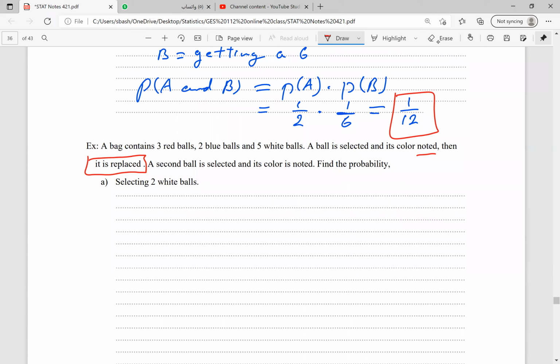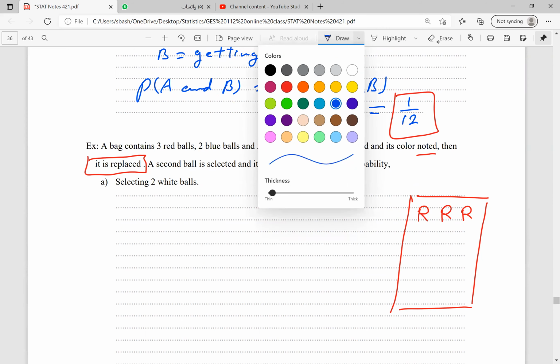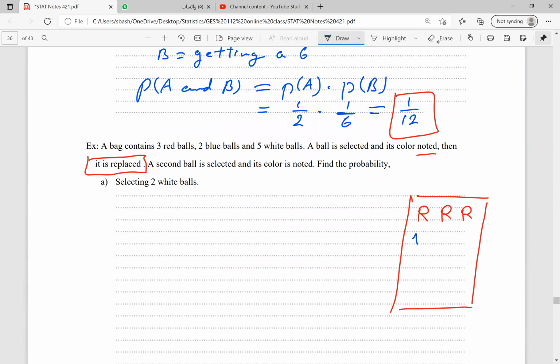See, we have a bag. This is the bag. It contains 3 red, 2 blue, and 5 white.